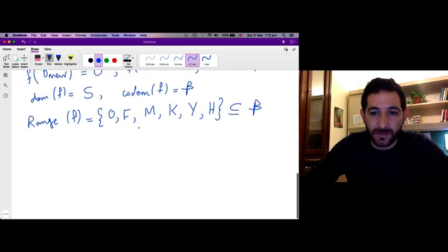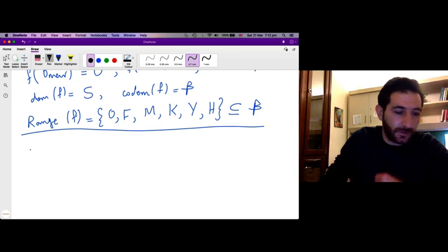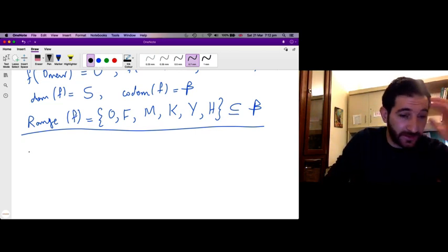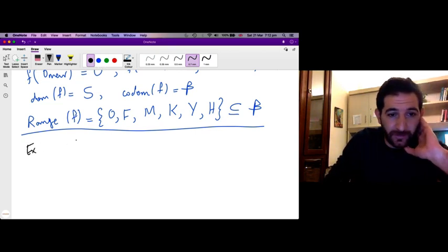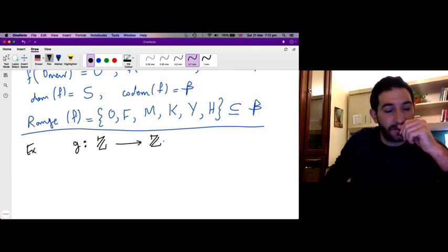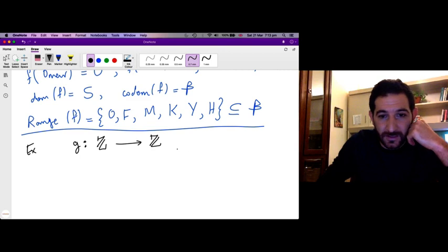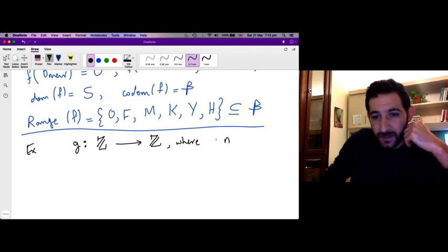Now let's have another example. Let's change the color. So look at the example. We have a function called g. Its domain is the set of integers, and its codomain is the set of integers, and it is defined by saying that if you choose an element, an integer n, its image under g is its square.